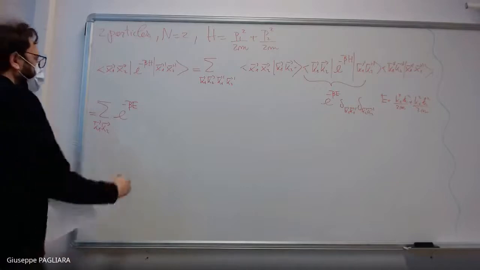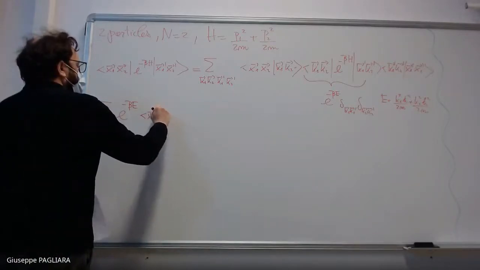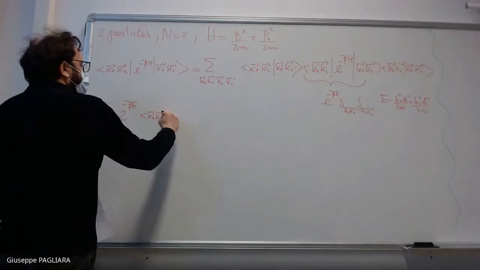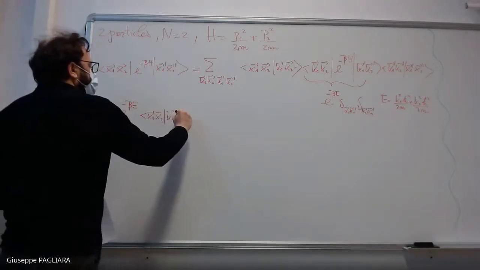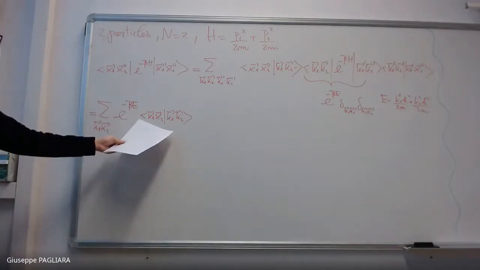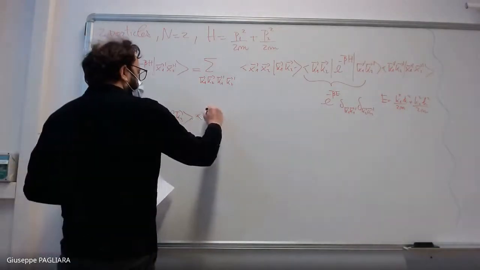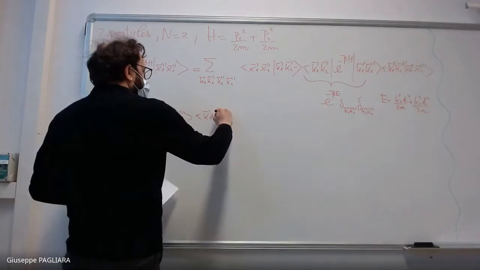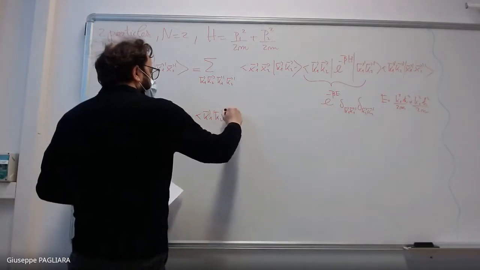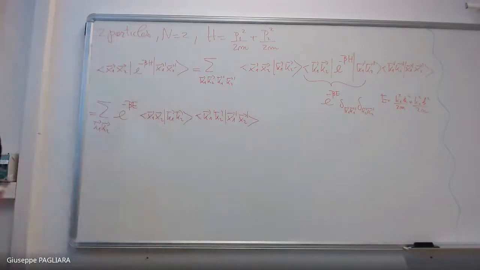And then I have a function, x1, x2, K1, K2, and then we have the same, but with x1 prime and x2 prime. Now it is similar to the other case.